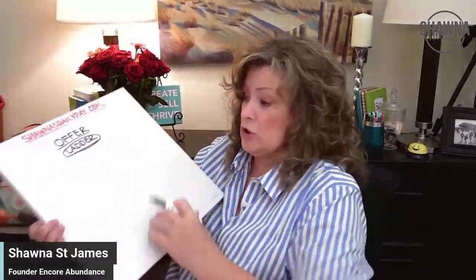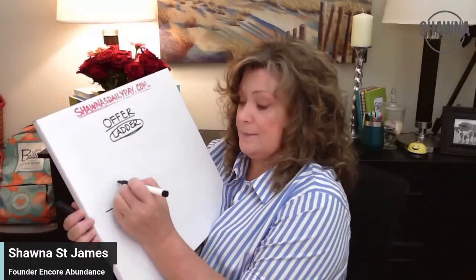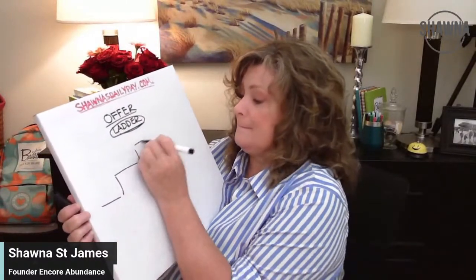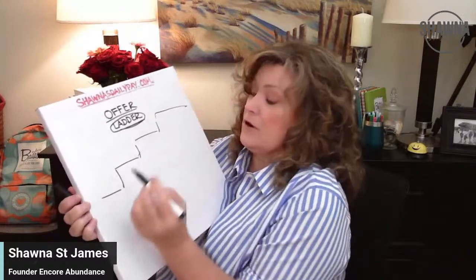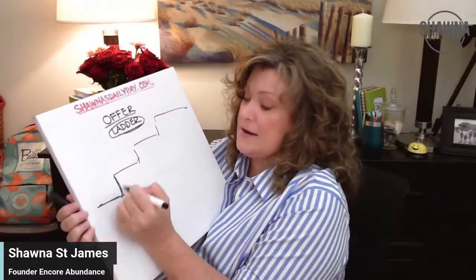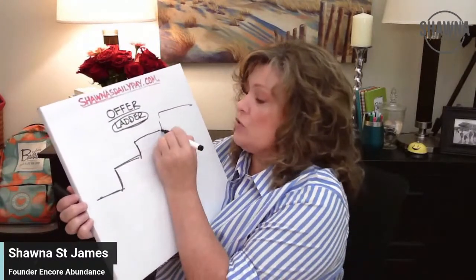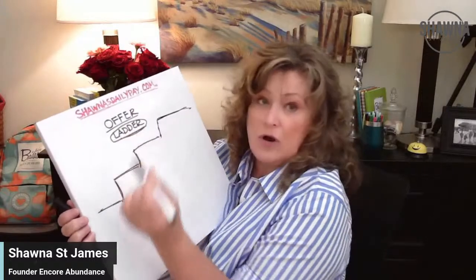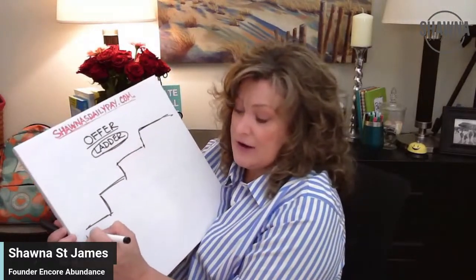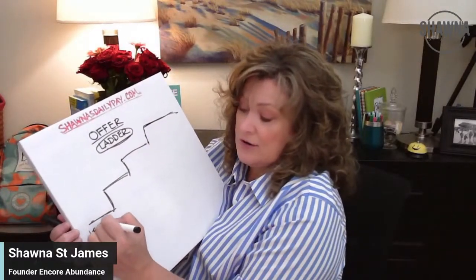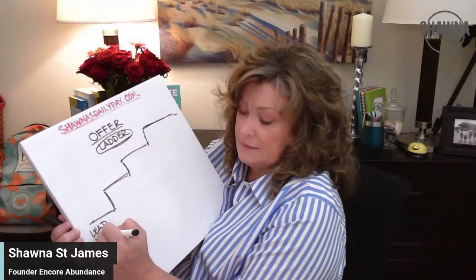This is a ladder that we're going to build that will grow the know, like, trust factor with your customer. Okay, so usually there are 4 main steps on your value ladder here, your offer ladder. This one down here is where our lead magnet comes in.